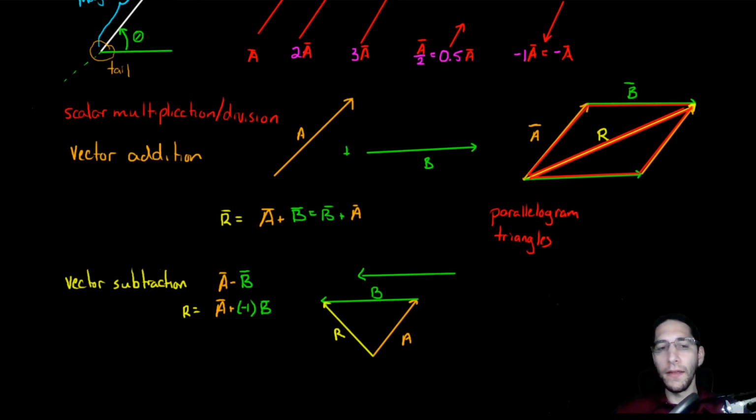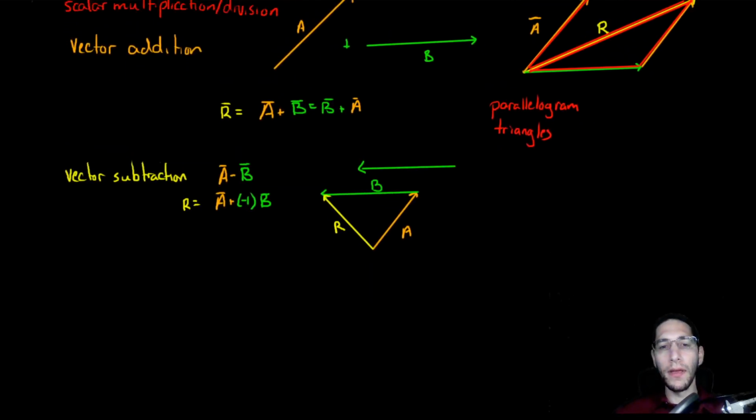Now finally, the last thing I want to go over is vector resolution, resolving a vector. Let's say I have a resultant. I have this R term right here. And I want to figure out what components are along two different axes.